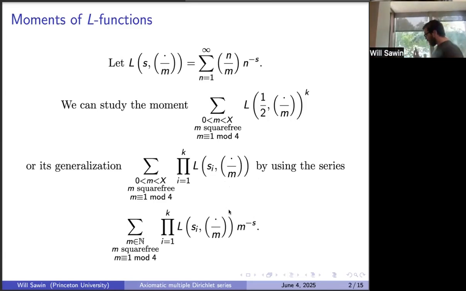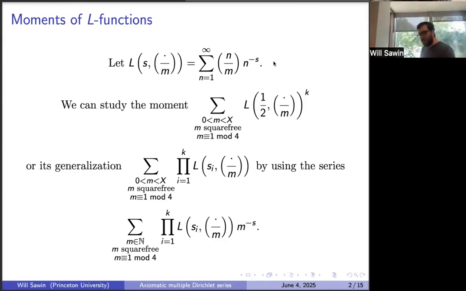When L functions were originally defined, they were defined to study sums over numbers up to some x or primes up to some x. And it was realized that you could extend these to infinite sums with n to the minus s, and you get a complex analytic function, and you can integrate the function to recover your original sum.